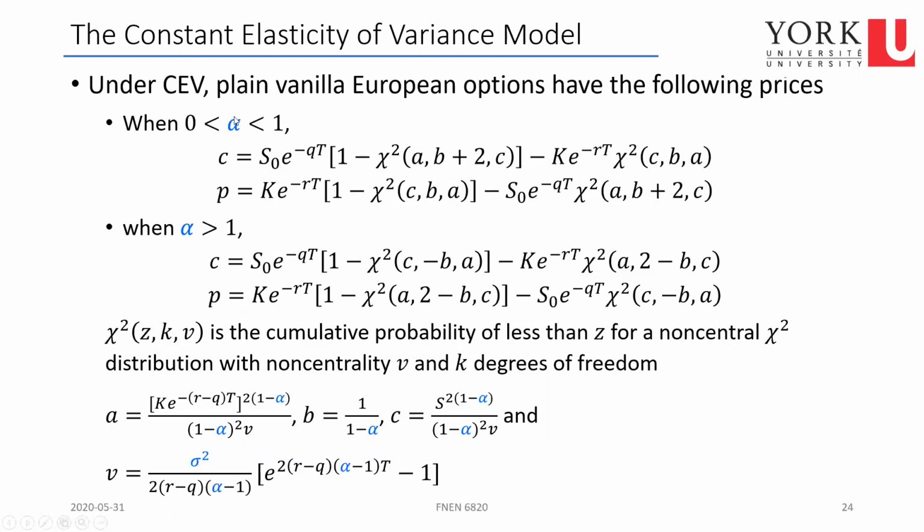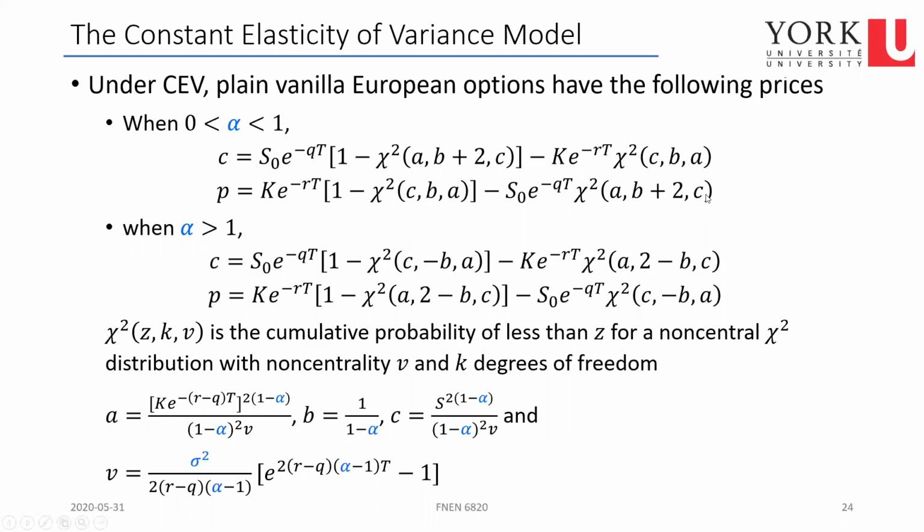In this case, if alpha is somewhere between 0 and 1, a simple option will have this pricing formula here. Compared to the Black-Scholes-Merton formulation, instead of using a cumulative normal, you need to use a chi-square distribution here. Now, as I mentioned earlier, you're not really going to use a model like this to price simple options.